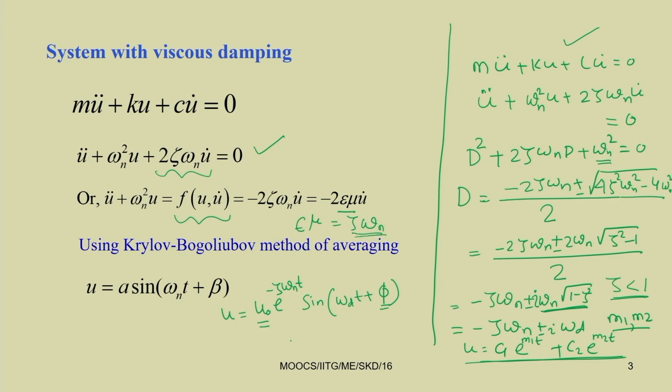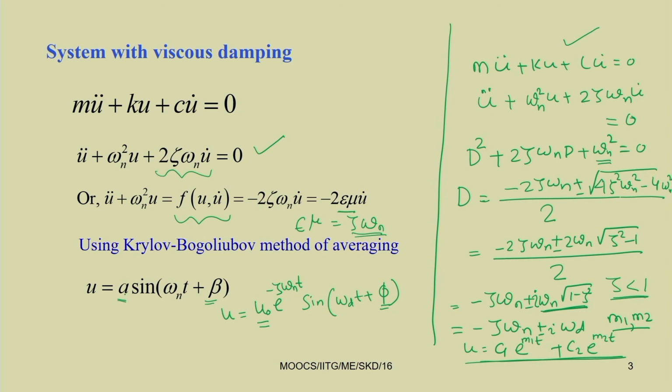Now, already we know this Krylov-Bogoliubov method, and by applying it we can write the solution u equal to A sin(omega n t plus beta). The difference between the linear equation and this nonlinear solution method is that A and beta are slowly varying functions of displacement and velocity, that is u and u dot.